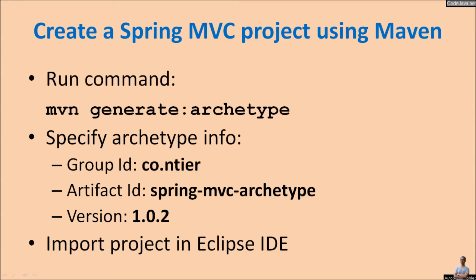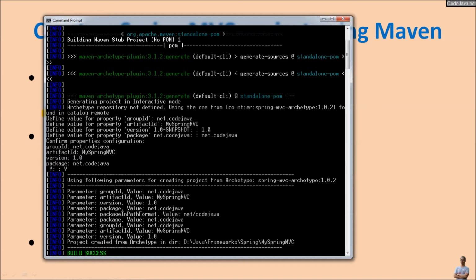So that is how you learn to quickly create a Spring MVC project using a Maven archetype by running the command mvn archetype:generate and using this archetype information in the command line.